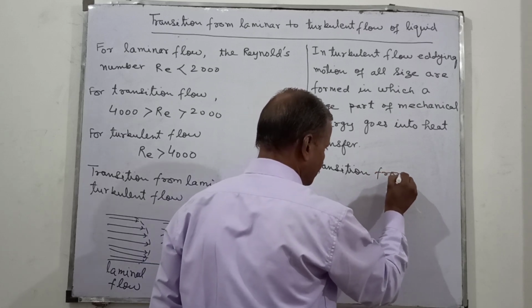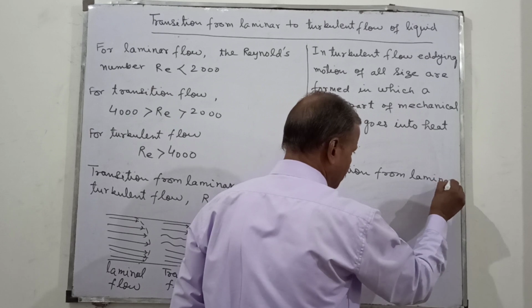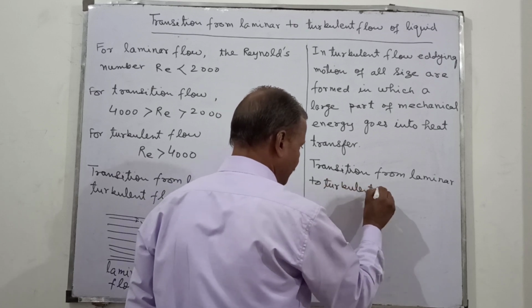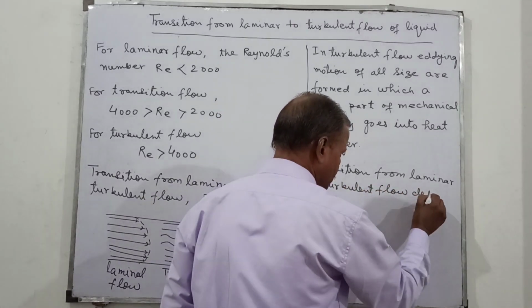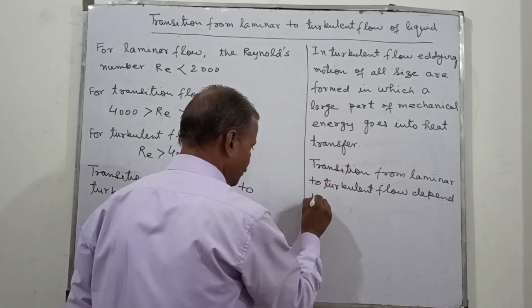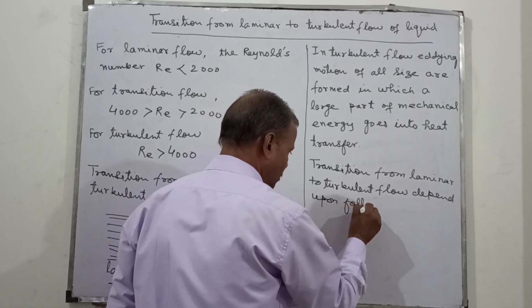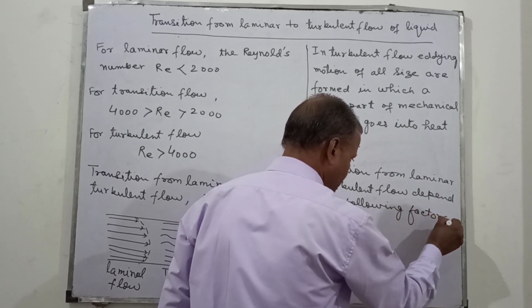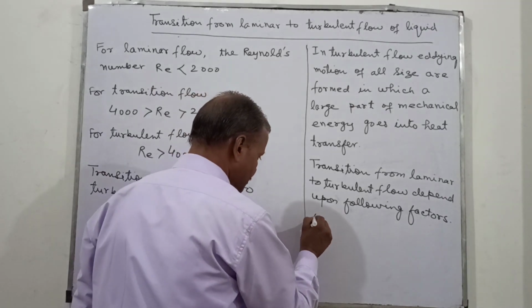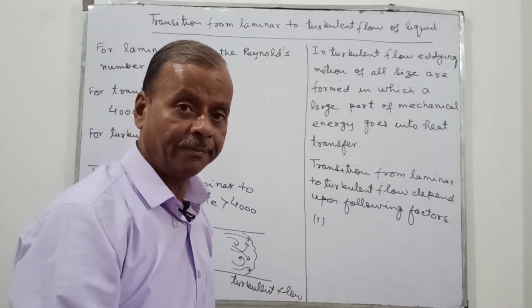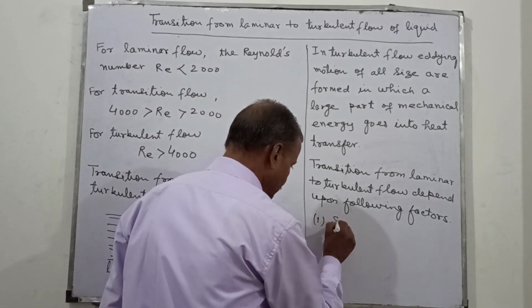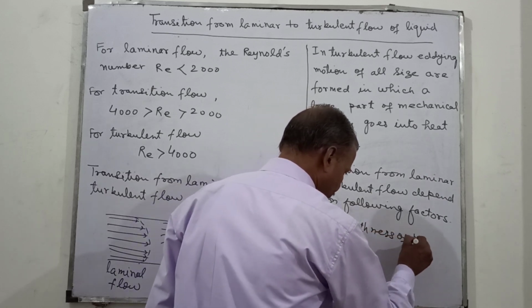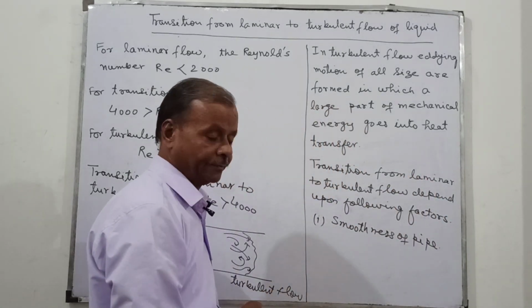Transition from laminar to turbulent flow depends upon the following factors. What are the factors? First is the smoothness of the pipe.